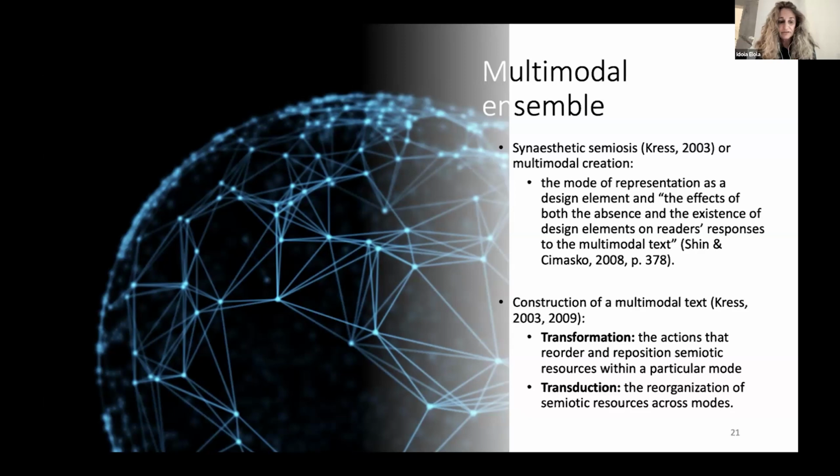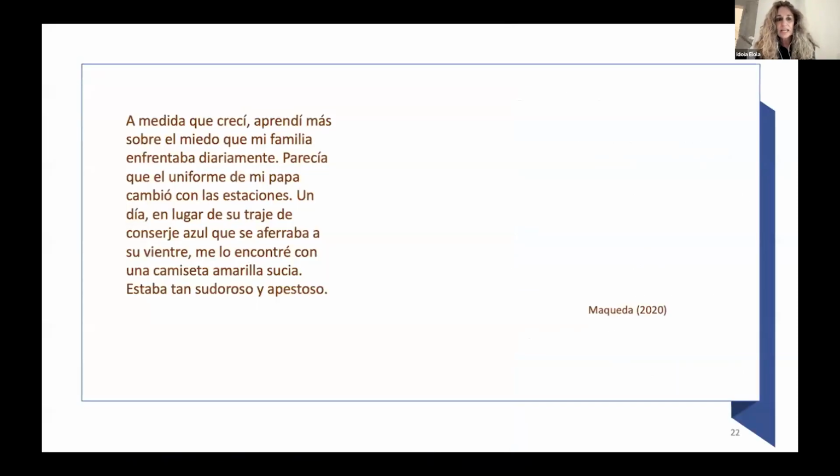From this perspective, feedback primarily emphasizes the content created within each mode, but it's also important to consider the interconnectivity between and across modes. So I'm going to give you an example of a student. She wrote about her family.